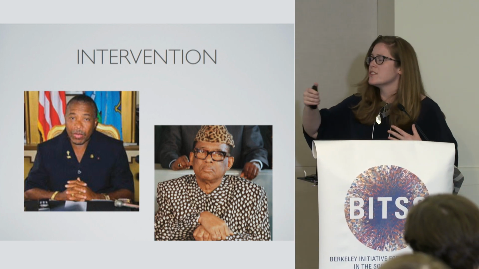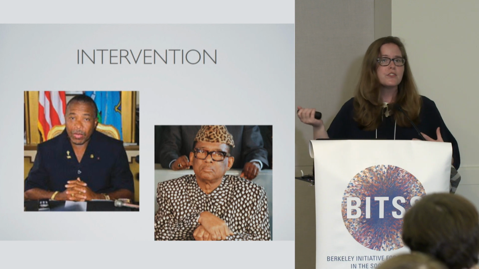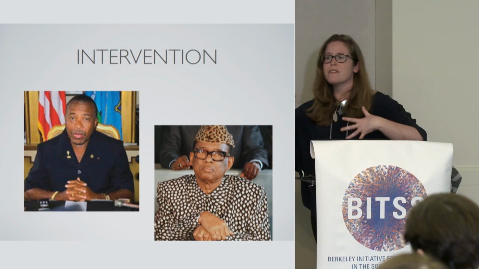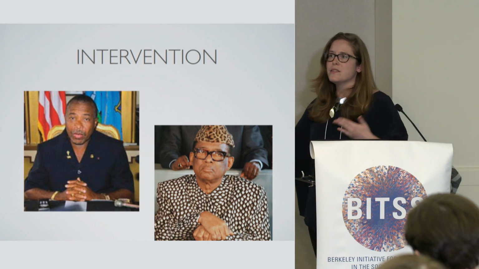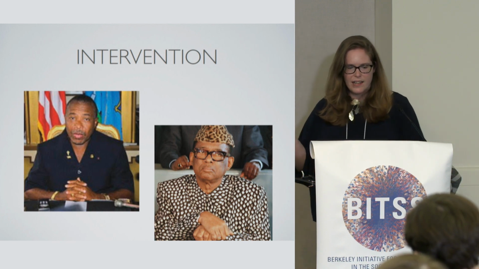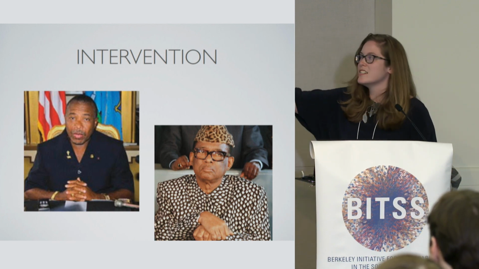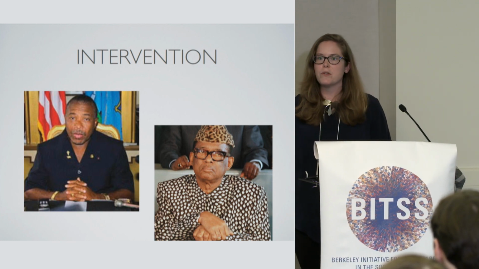The conflict in the DRC also involved 8 other countries, so to say that intervention was not happening rampantly in these cases is to not consider a lot of the interventions that were taking place.